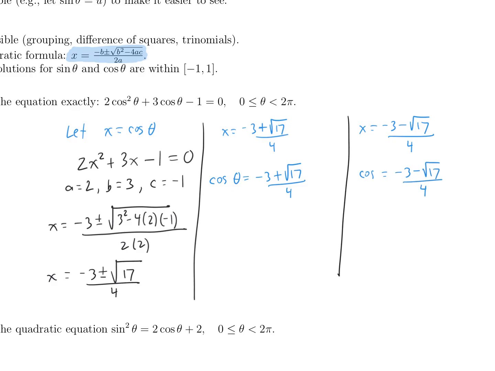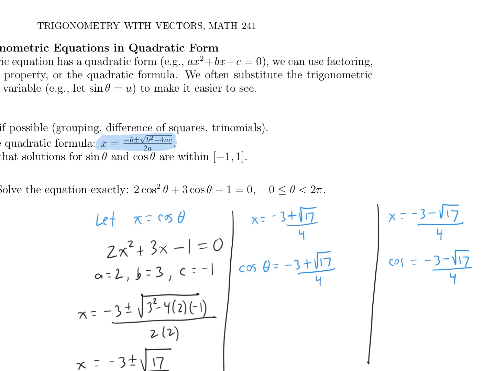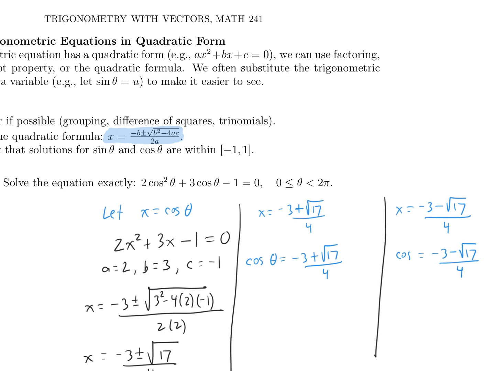So when it comes to these type of problems, you got to remember that both sine and cosine are within negative 1 and 1. That's a range. So you can't get a cosine or a sine value that is greater than 1 or less than negative 1. So what you should do in this case, use your calculator to see what this becomes in decimal form, and same with this.